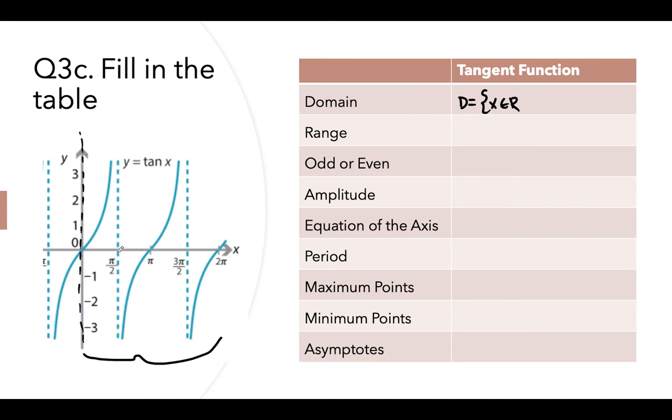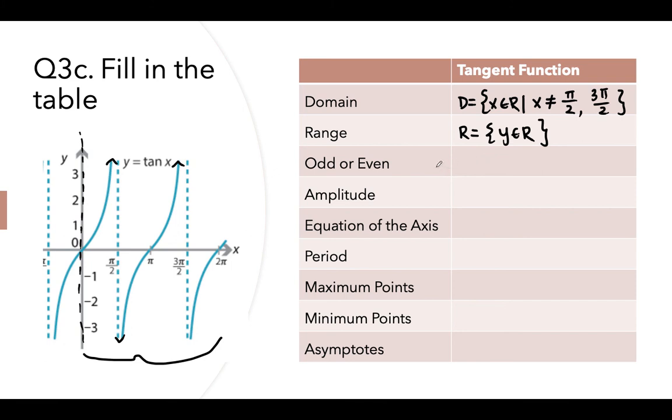It seems like the restriction is at pi over 2 and 3 pi over 2. So you could say x cannot be pi over 2 and 3 pi over 2. Range, on the other hand, y can be any real number. It's going to keep going up forever and ever, right? So therefore, there is no restriction for range.